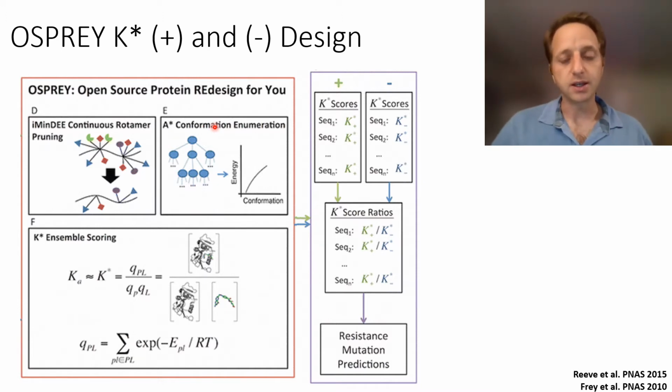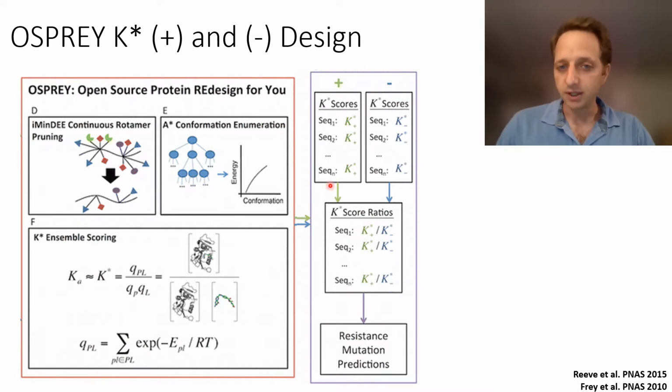Resistor uses K-star to basically pose the following question. Can we use K-star to identify mutant sequences that cause an enzyme to increase binding to its endogenous ligand, which is positive design, or ablate binding to a drug, which is negative design?